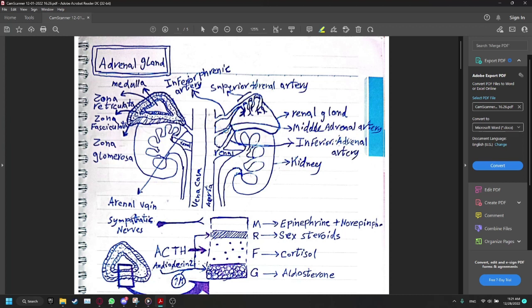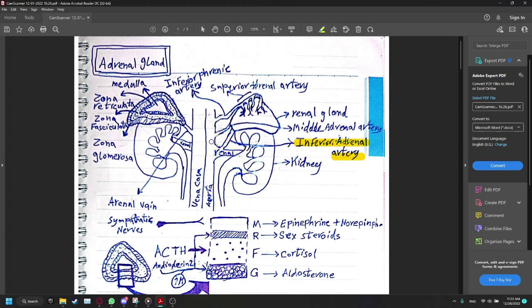They might ask you a question on the exam about the branches that supply the adrenal gland. You would say something like, "The inferior adrenal artery comes from the renal artery, and the renal artery is a branch of the abdominal aorta.